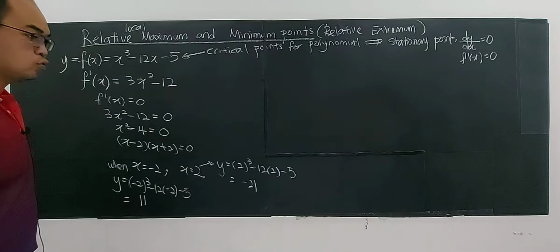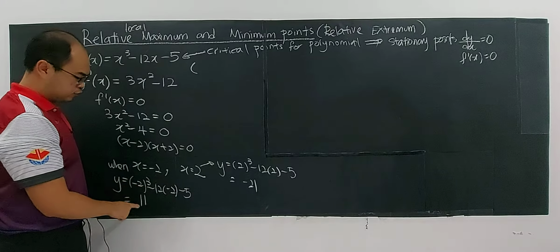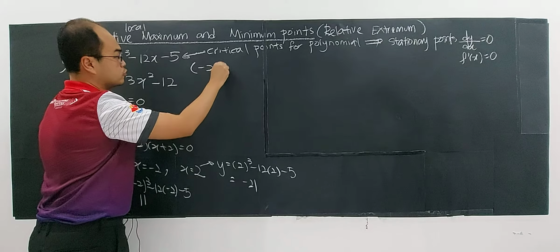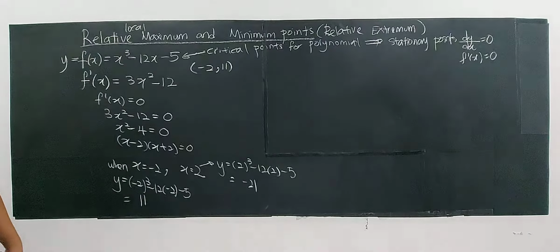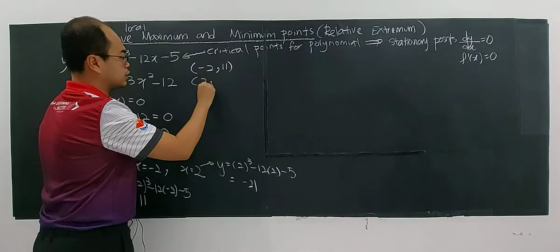So the two coordinates of the stationary points are (negative 2, 11) and (2, negative 21).